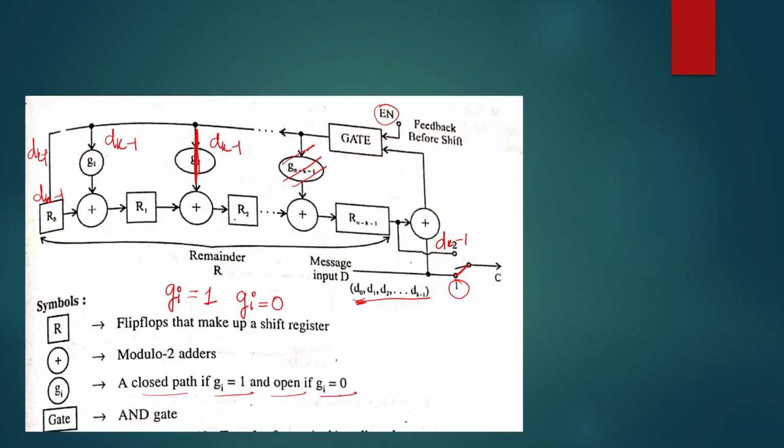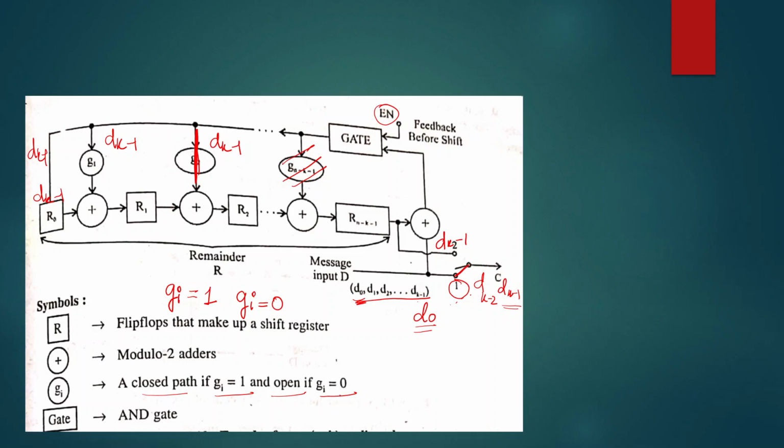Meanwhile, we are also sending the data into the channel. First dk minus 1 would go, then followed by dk minus 2, so on. At the last, we are going to send d0. So the MSB will be sent first, and at the last we will send the LSB.